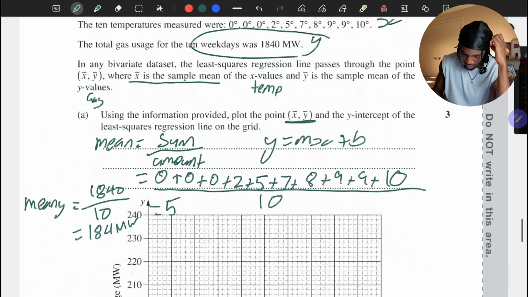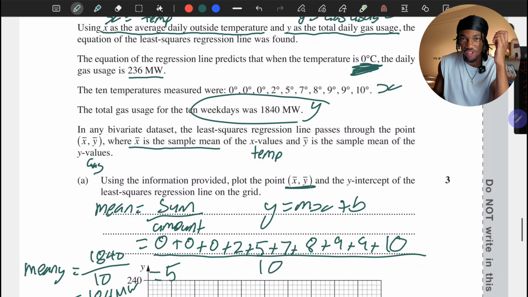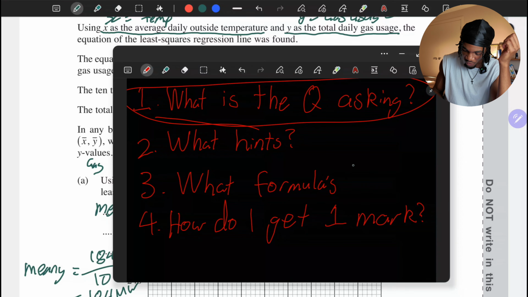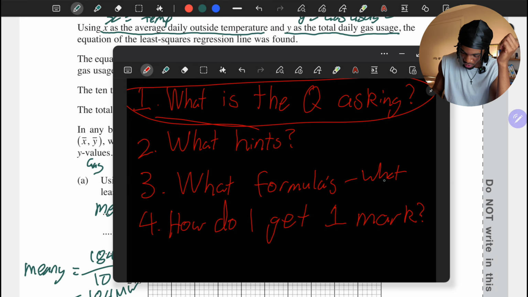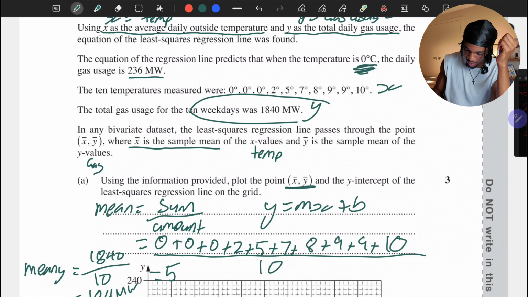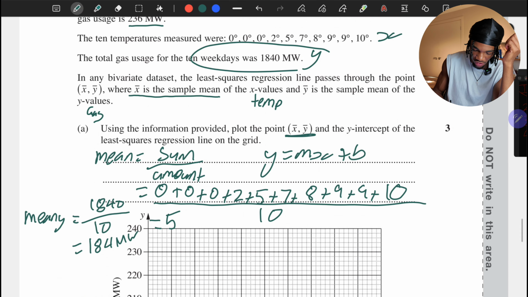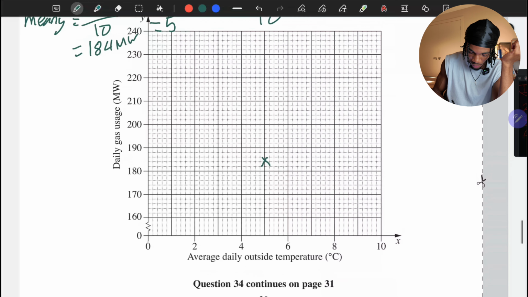Here again, just using our general knowledge, what formulas or what do I know about the topic? We know that when x is 0, the y value is our y-intercept.